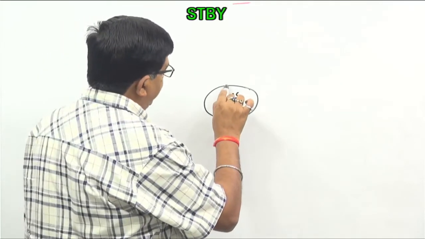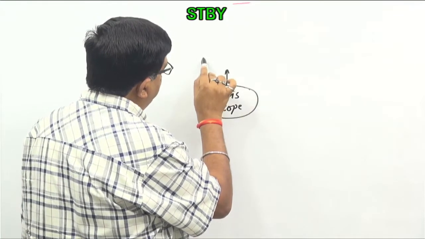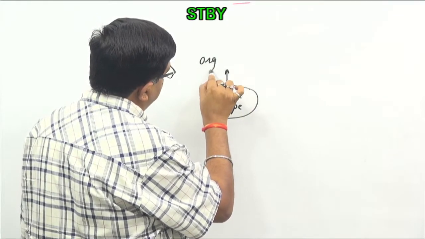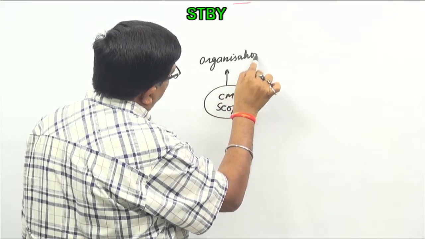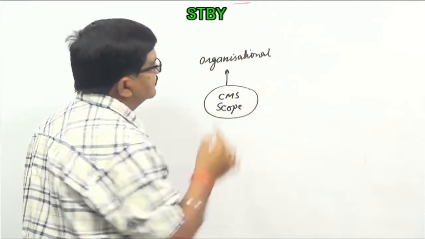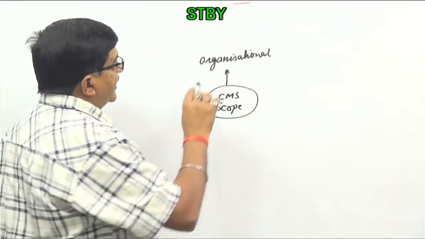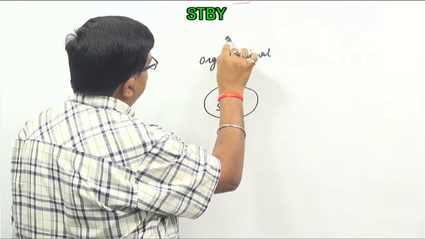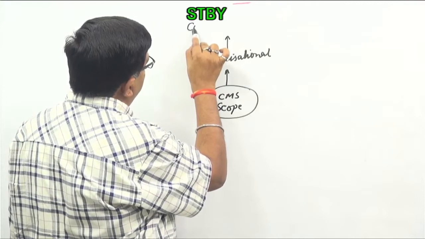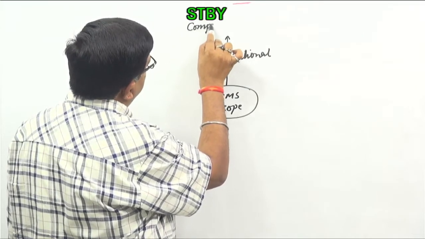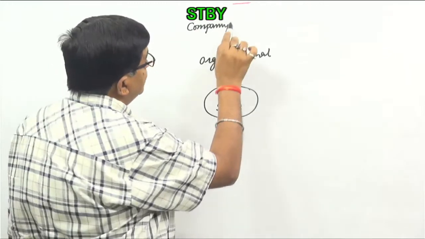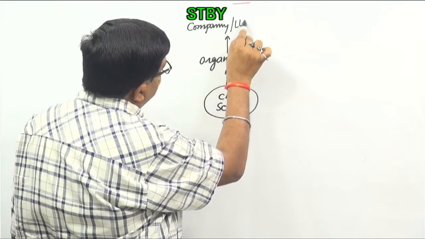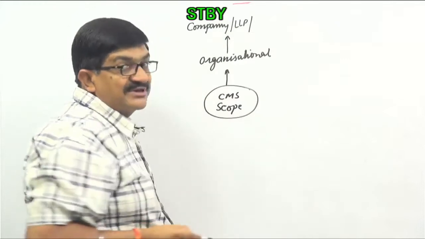The first and foremost laws are organizational laws. In organizational laws, this may be a company, so the Companies Act will become applicable. This may be an LLP, so the LLP Act becomes applicable.